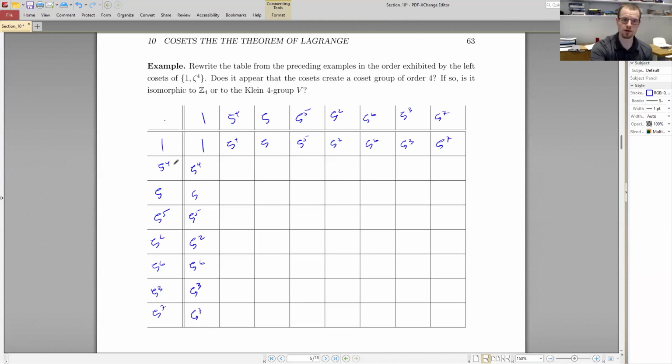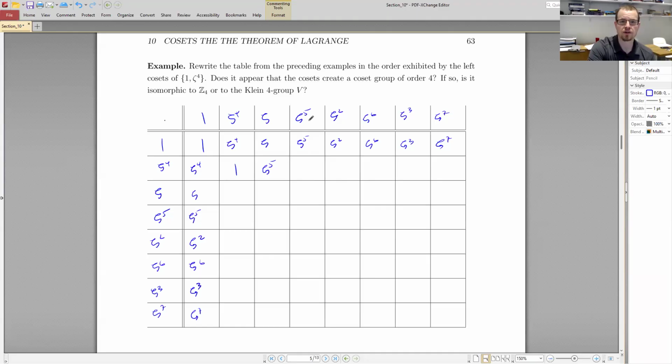Now I have to say, okay, well, what's zeta to the 4th times zeta to the 4th? And if you need to refer to the previous table, that's fine. Since it's commutative and we're just adding exponents and taking modulo 8, it's not that bad. So zeta to the 4th gives us zeta to the 8th, which is just 1. Zeta to the 4th times zeta is zeta to the 5th.